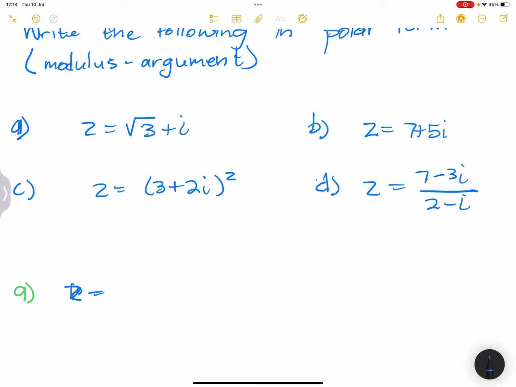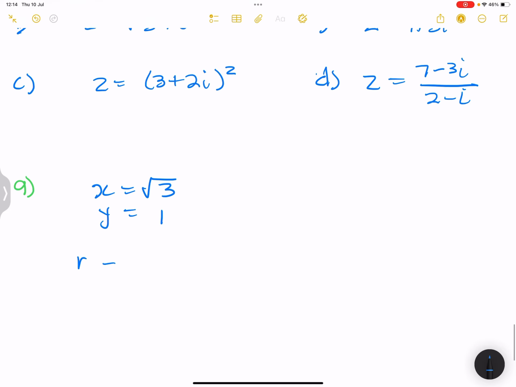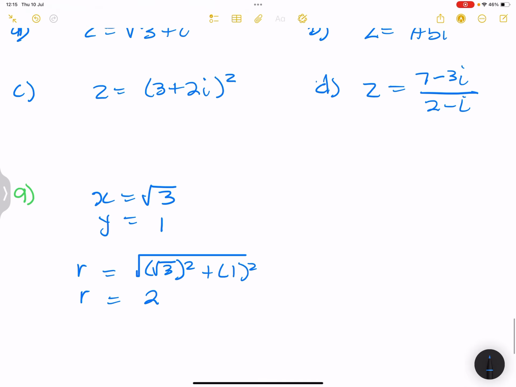We identify our value for X as well as for Y. So X is equal to root 3, Y is equal to 1. So R would be the square root of root 3 squared plus 1 squared, and so that would give us 2. So R is equal to 2.